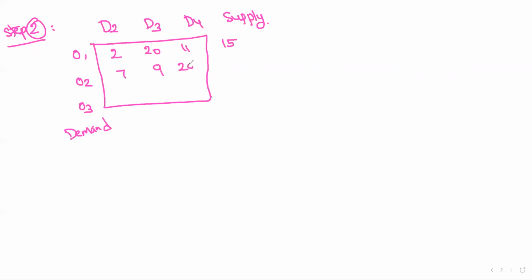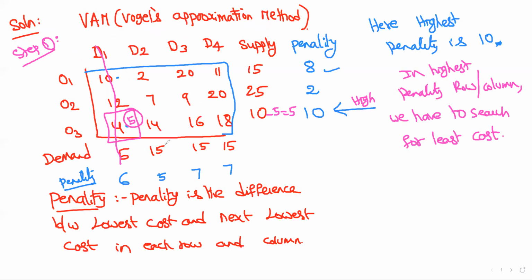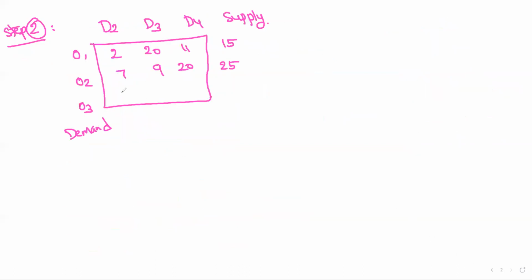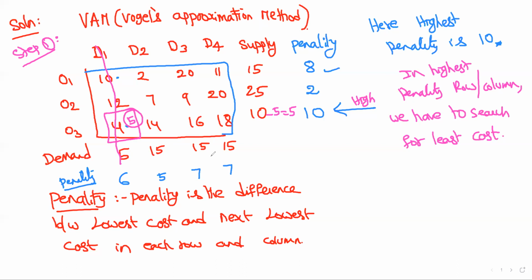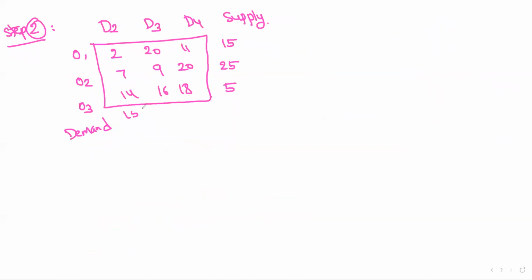Third row: 14, 16, 18, 5. And demand is 15, 15, 15. 15 times 3 is 45, and here we go, 45 correctly.